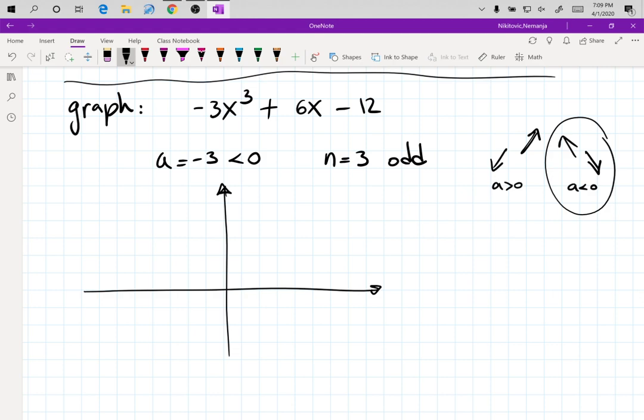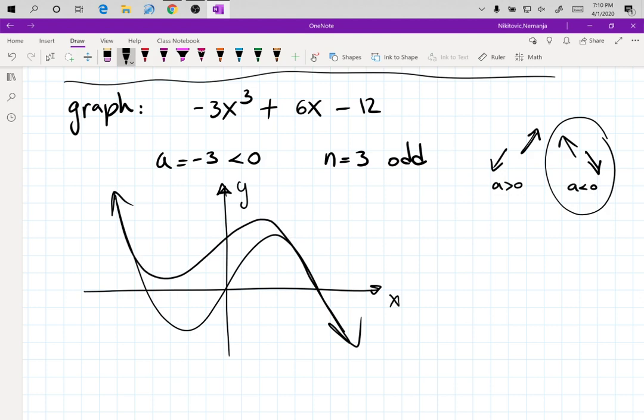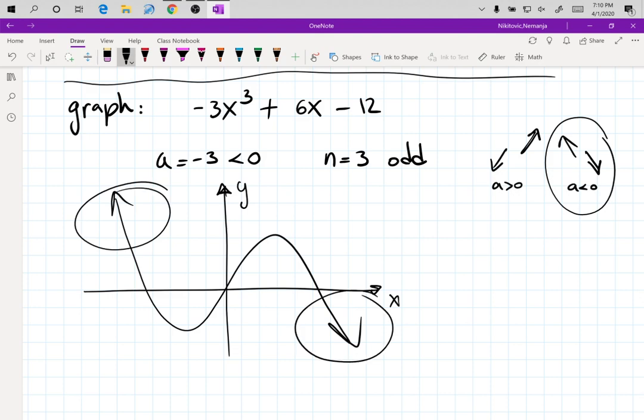So the graph will look something like this. Not exactly that, but something along those lines. It might look like this, might look like that. I mean, I don't know. Pick any. What's important is this and this part that we can do 100%.